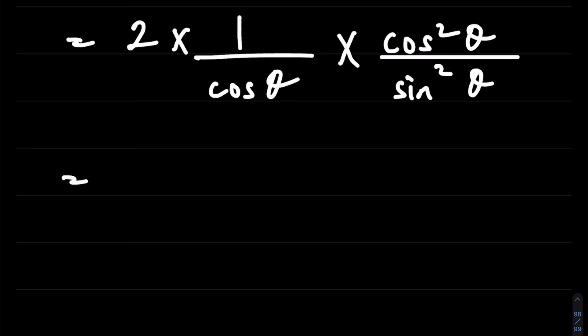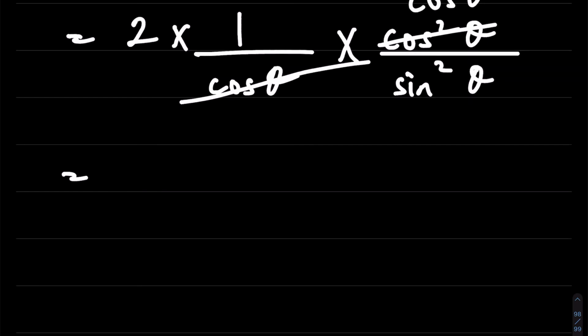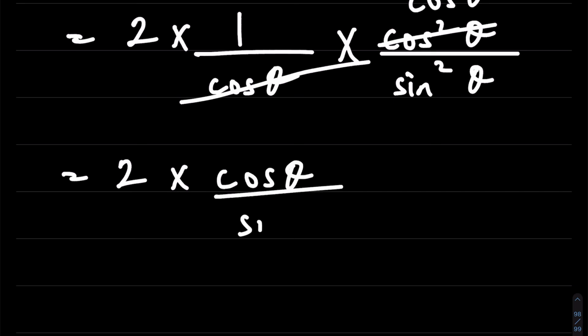And this simply means cos theta cancels one of the cos theta there. You'll be left with cos theta. And the answer is 2 times cos theta over sin squared theta.